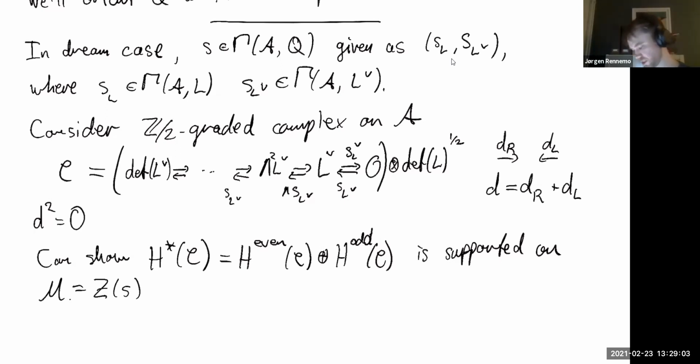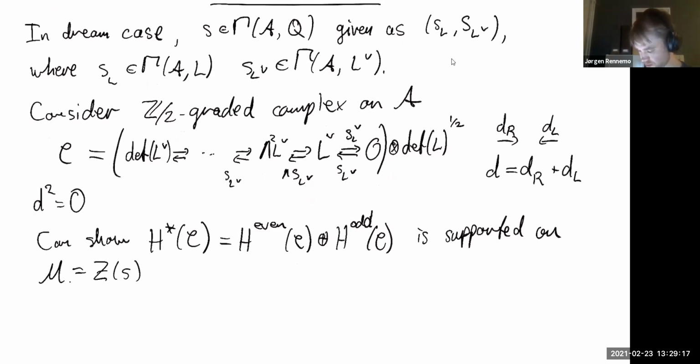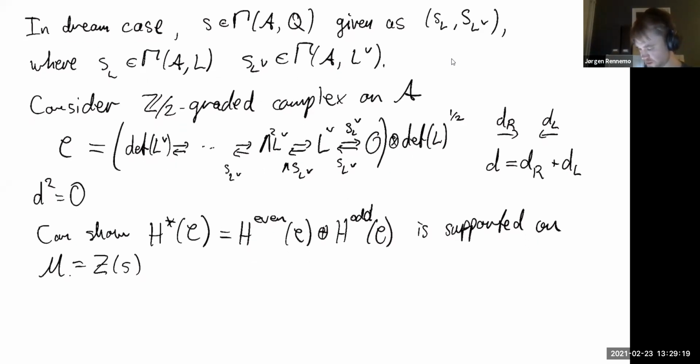So that's giving you some indication, at least, of why it's supported on M. But it's actually scheme theoretically supported on M.